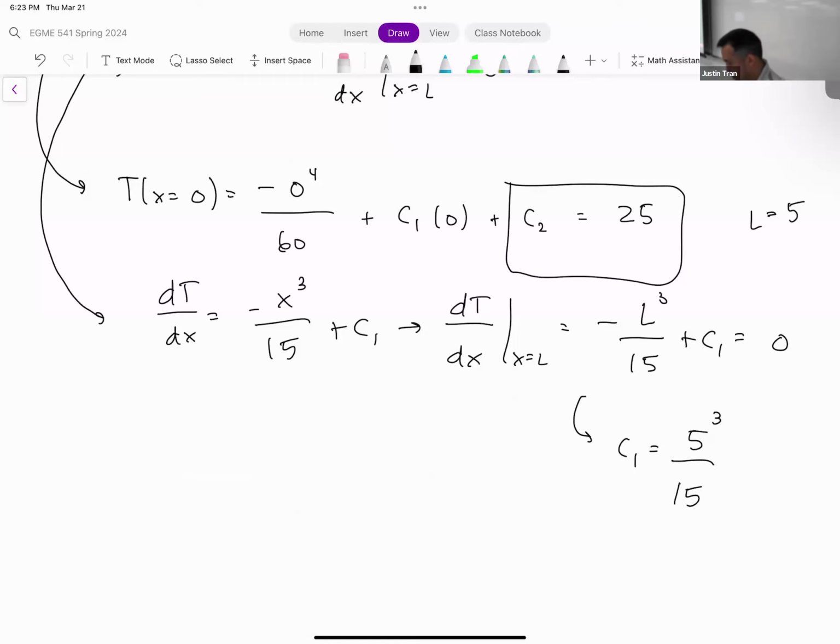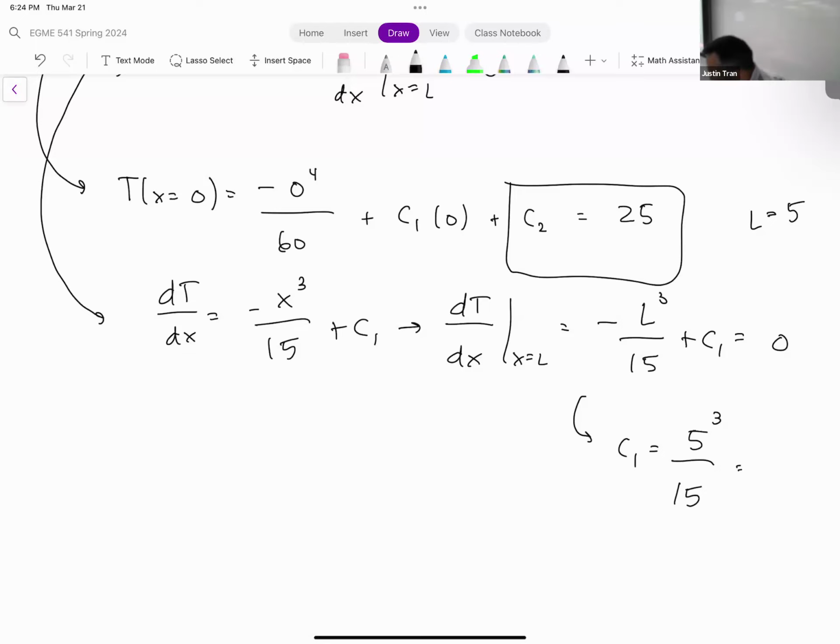Okay. We could factor out a 5 from the denominator because 15 is just equal to 3 times 5. And so we cancel out that 5 on the denominator with the 5 on the numerator.